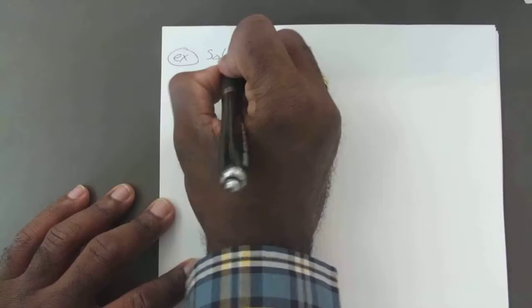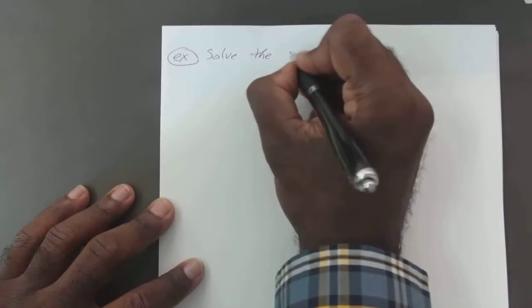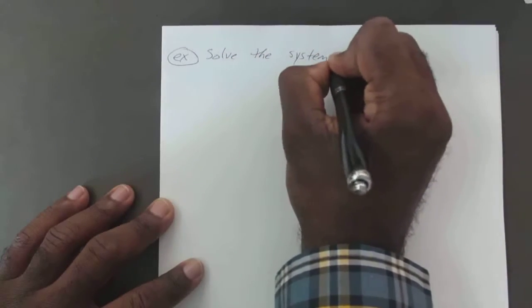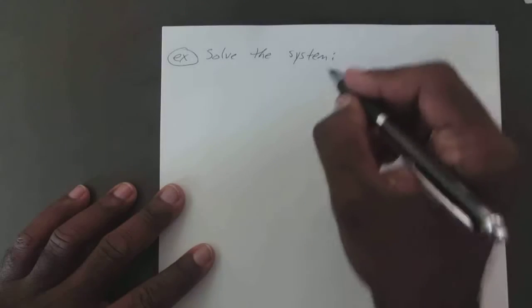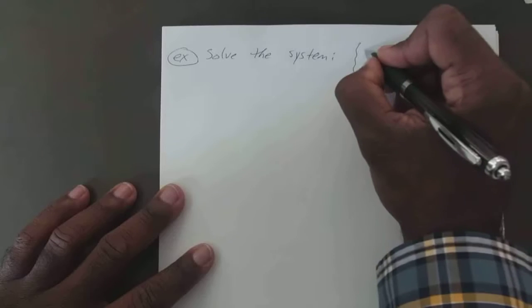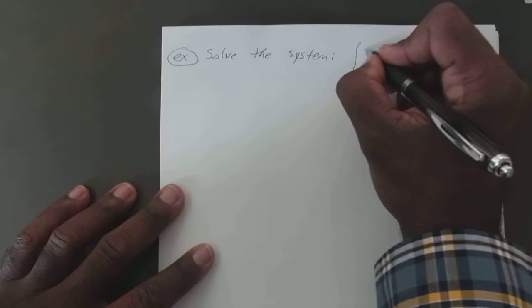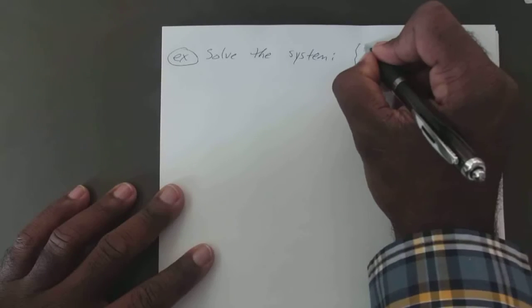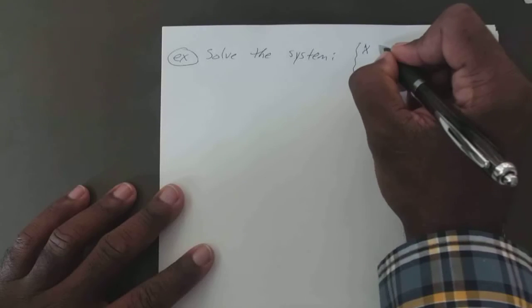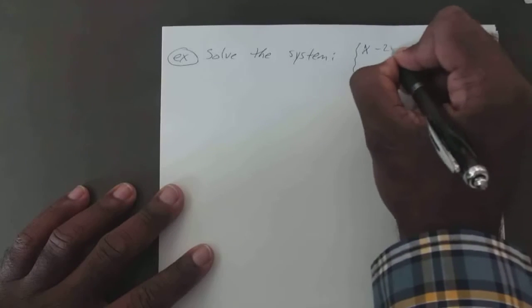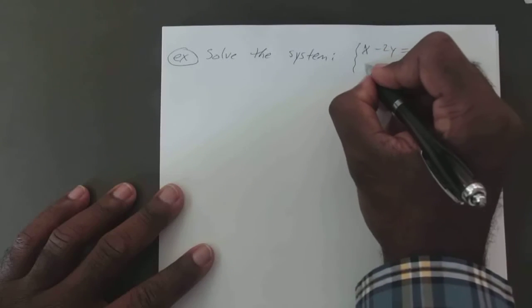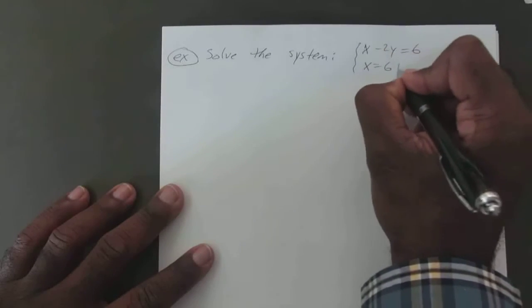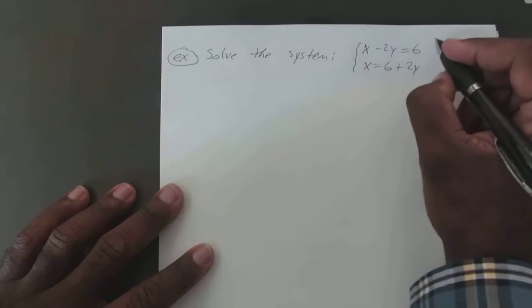So let's say if we decided to solve the system x minus 2y equals 6, and x equals 6 plus 2y.